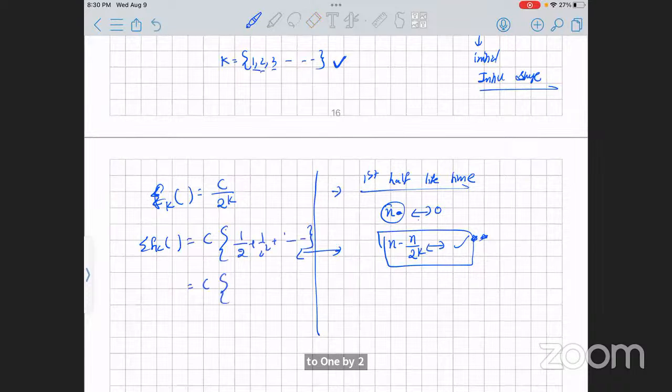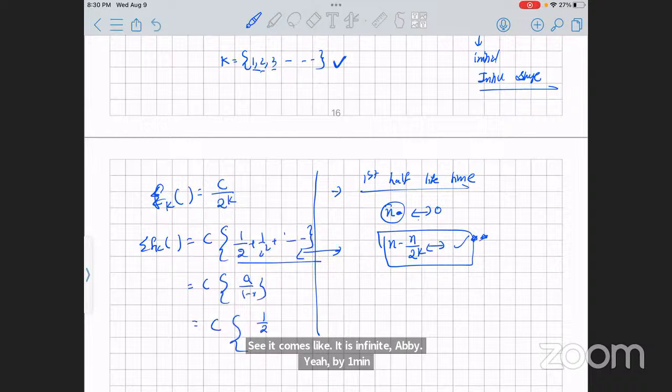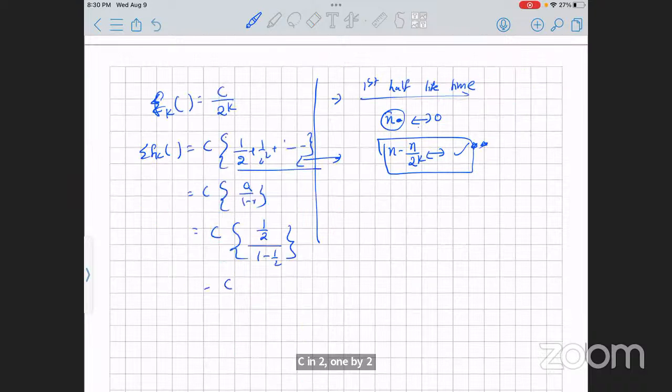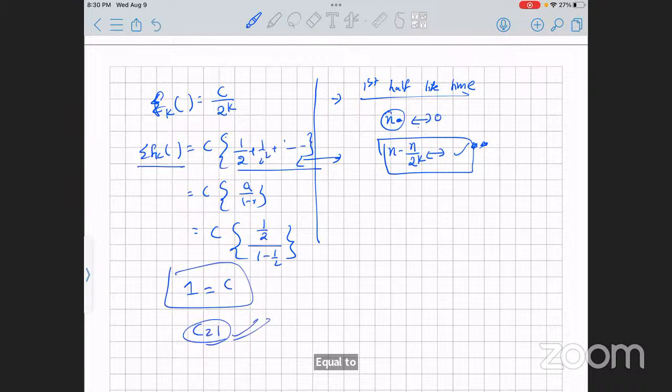It is an infinite GP, a by 1 minus r. So c into 1 by 2 by 1 minus 1 by 2 equals c. Sigma f of k is 1, so c equals 1.